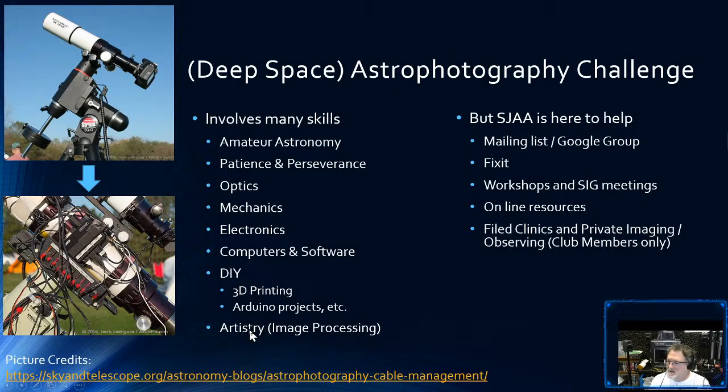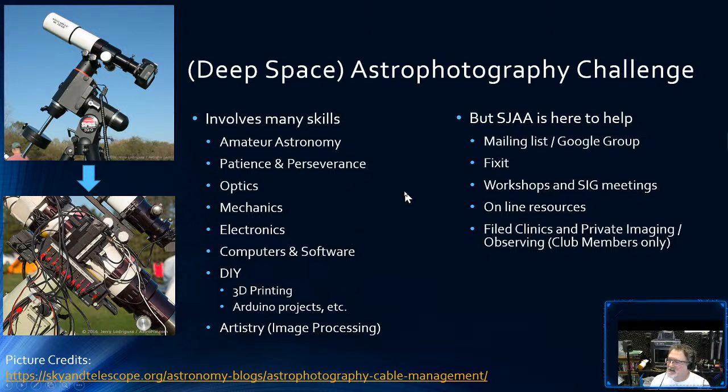And then there's also some artistry involved when you get into the image processing. So for me, as a Silicon Valley engineer, it's kind of the perfect storm of a lot of different things that I like to do. So that's where I got sucked into the hobby.